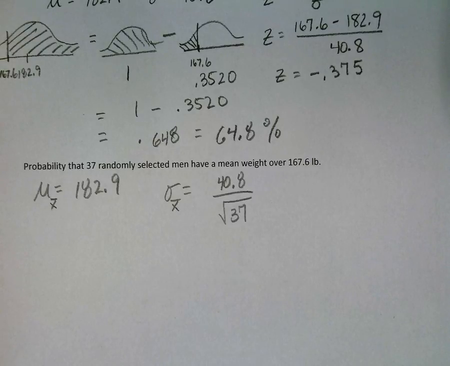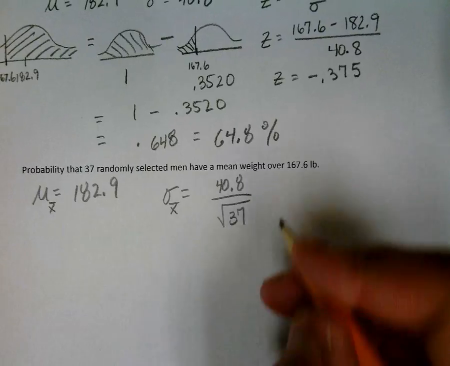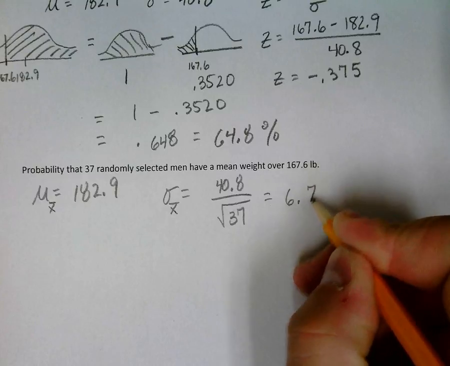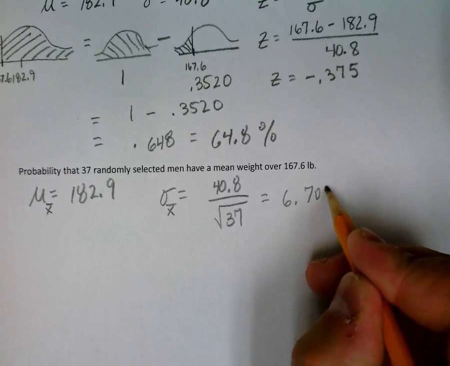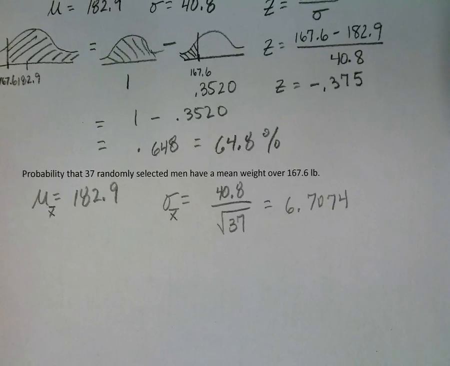When we compute that, we get 6.7074. Because we are finding the probability of 37 randomly selected men, we need to change our standard deviation to reflect the central limit theorem. So we're thinking about this in context.